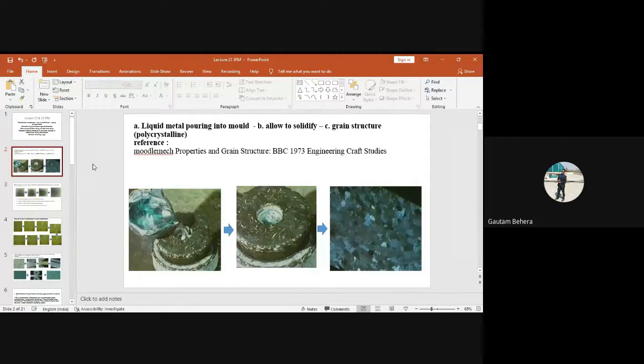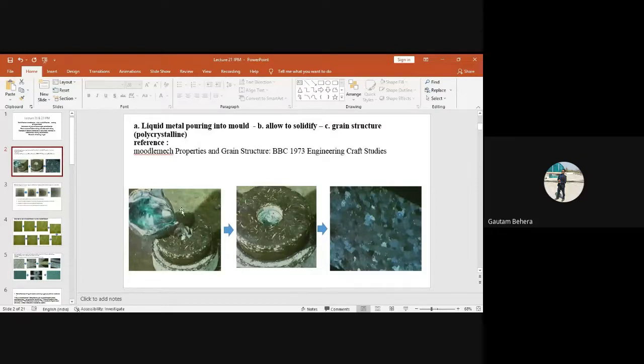It has a definite shape. So the liquid metal will be poured into the mold, and it will take a shape when it solidifies. Finally, you'll end up with a solid metal having a particular shape. You can process this solid metal further to get other dimensions, right? You can get a plate, sheet, coils, rods, anything you want. So solidification is very important, right?